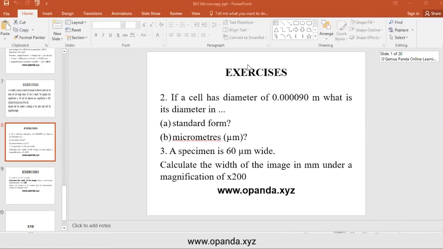When you are asked the width of the image, it is the same as to ask you the image size. You have the real size of the specimen, which is equal to 60 micrometers.